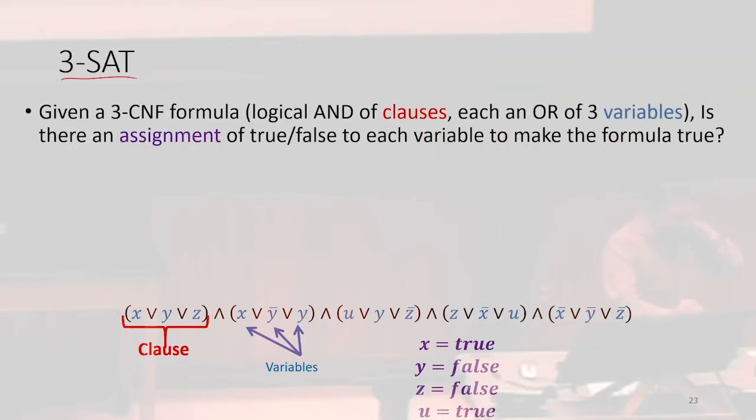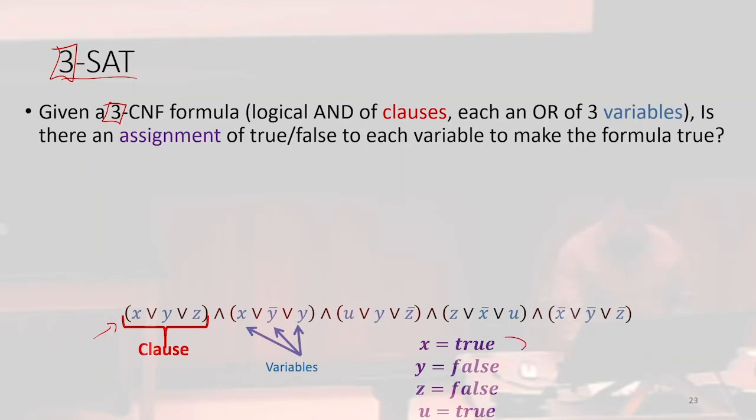The 3 in 3-SAT says that we're going to be given a formula in 3CNF, so those 3's match one another. If I'm given a formula in this 3CNF format, such that I have clauses of variables which only have ORs within a clause, and those clauses are all combined together with ANDs, is there some way for me to assign true or false to each of the variables to make this whole thing evaluate to true?